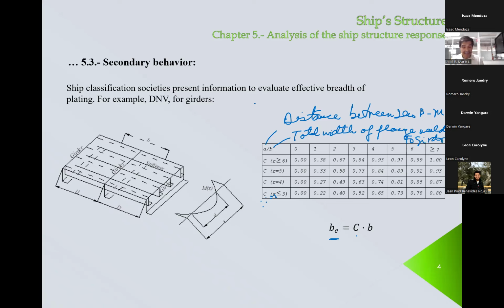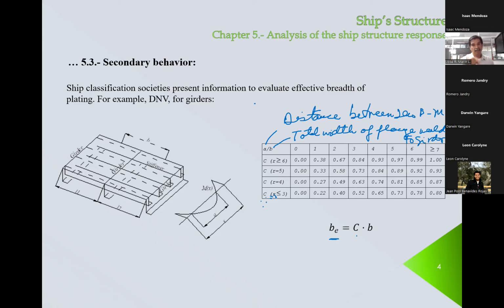We have insisted that every reference has different terminology. Remember, when we studied this problem in chapter 2, Professor Shady used little b and large B, and for the spacing between points of zero bending moment, he used KL.